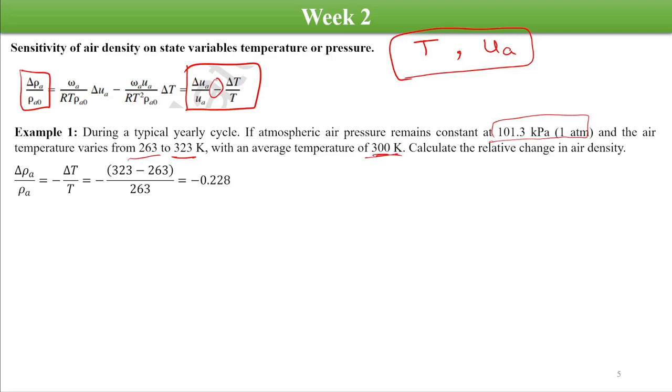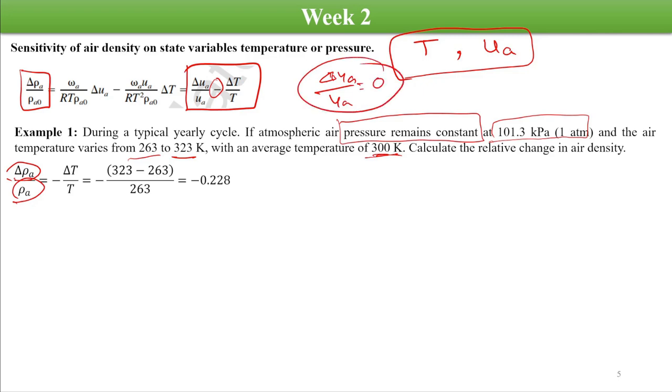So for this, we'll use the same formula, that is the change in the air density upon the air density will be equal to, as the first term, the atmospheric pressure is constant, so the first term will be 0, right? Delta UA upon UA will be 0 because there is no change in the atmospheric pressure. But for the second term, that is minus delta T upon T, there will be some changes, right?